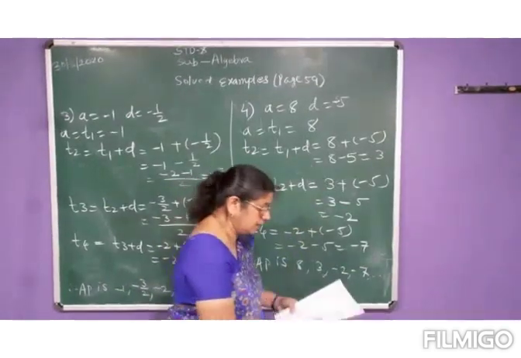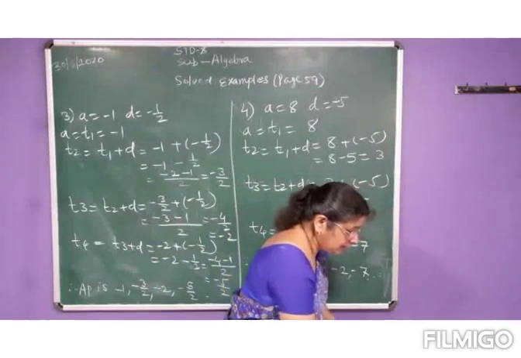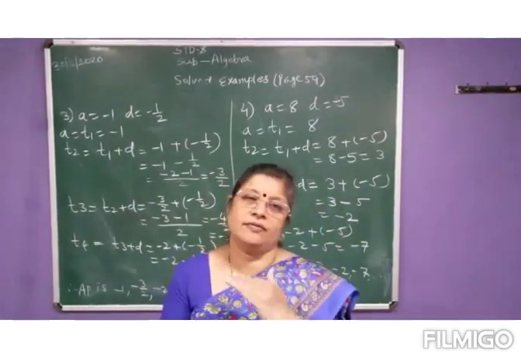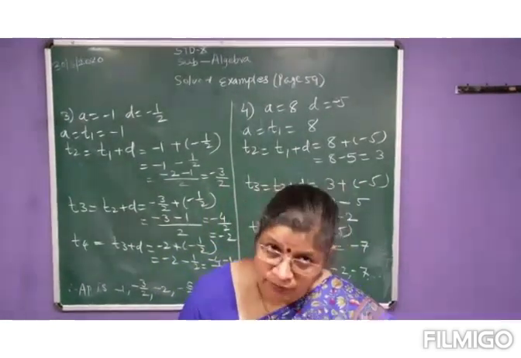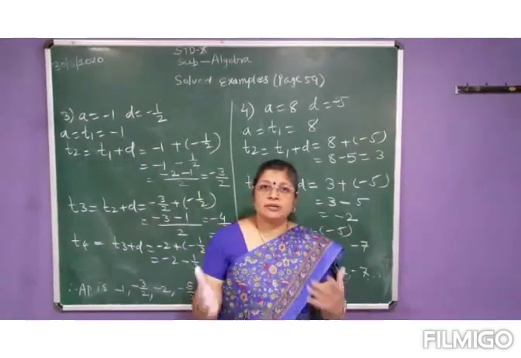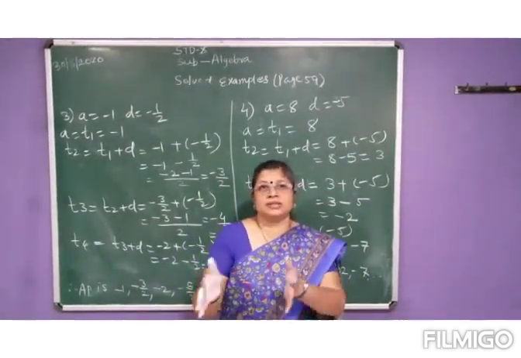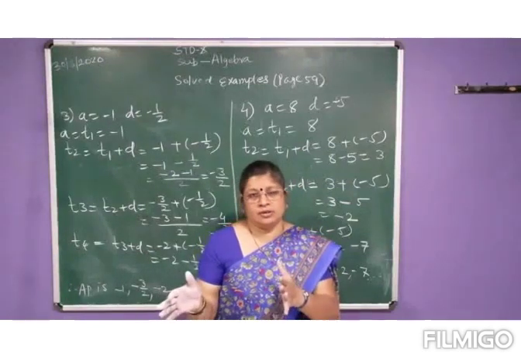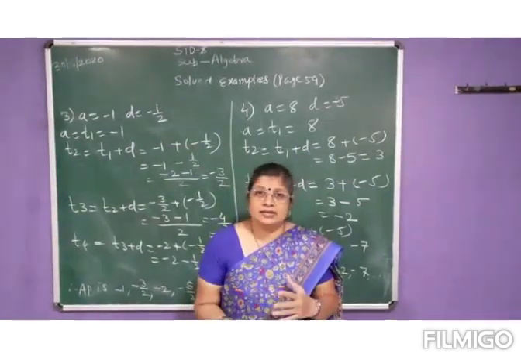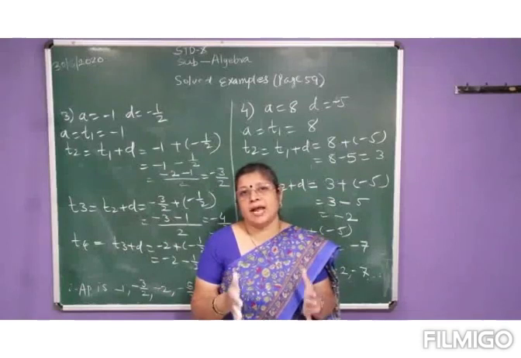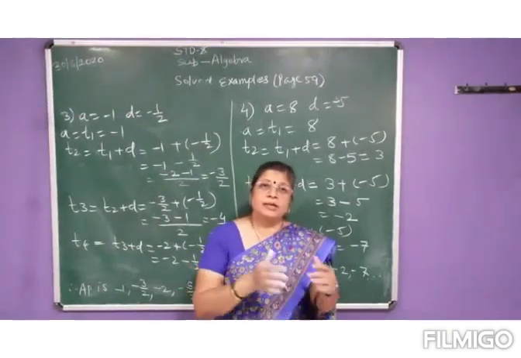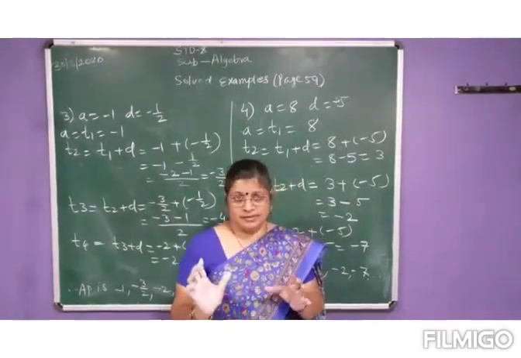So that means if you know the value of A and the value of D, you can find out an arithmetic progression or the terms in the arithmetic progression. Now in the next lecture we are going to see practice set 3.1 depending upon these sums. Okay.